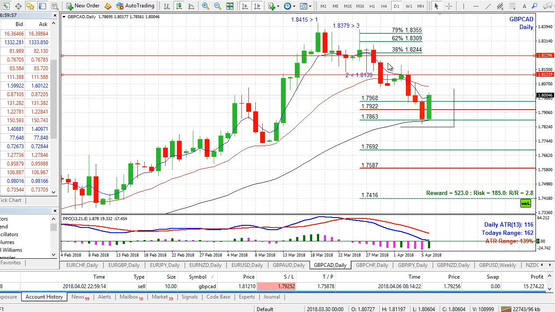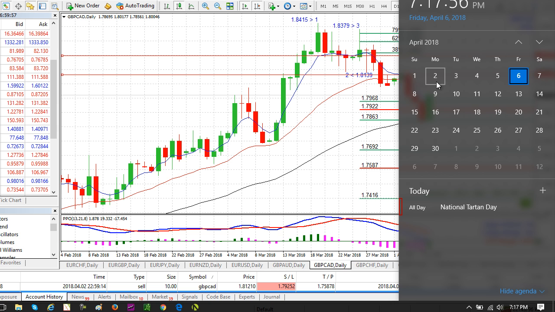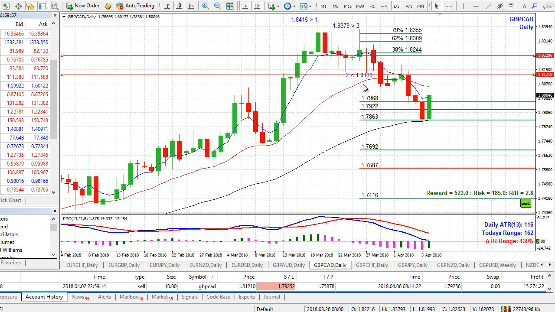And I took the trade on the second. It is now the sixth. The second was on Sunday, I believe, or Monday. On Monday, I went into the trade, and I decided to hold on to it until today.